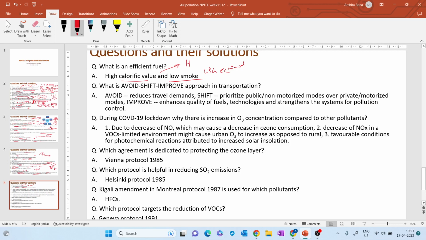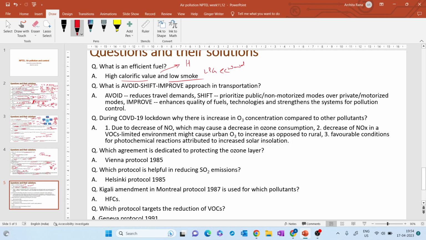Let's say there is LPG and there is wood. Now 1 liter of LPG gives a heat energy of, let's say, 100, and 1 kg of wood, on the other hand, gives a heat energy of 500. So wood is more efficient.